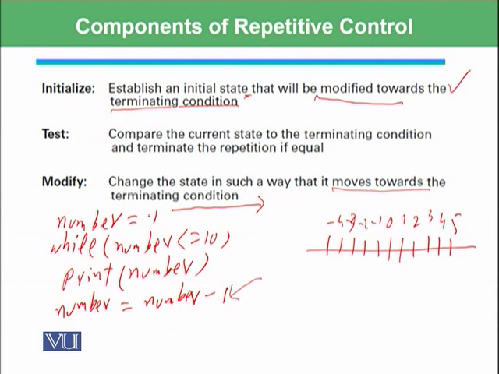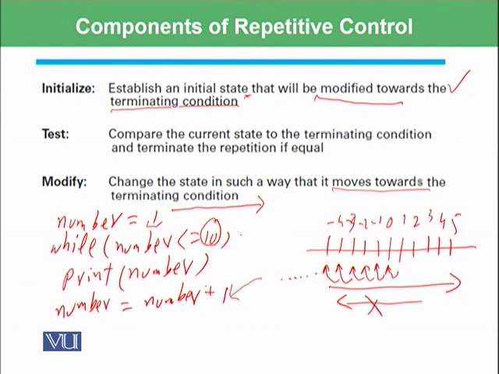So if the initial value is 1 over here and we are saying number is less than or equal to 10 and we are decrementing the number by 1, this 1 will become 0 next time, then minus 1, minus 2, minus 3, minus 4, minus 5 and so on. So can you see that at any time it will reach 10? No, because 10 was in this direction, not in this direction. So that's why you need to choose something that is moving toward the termination condition.